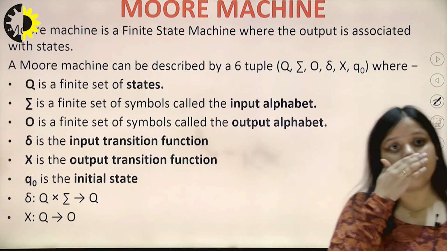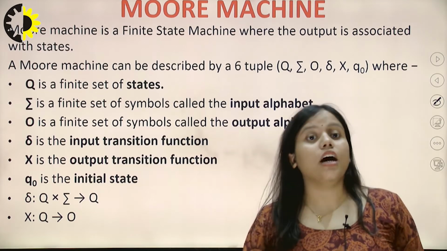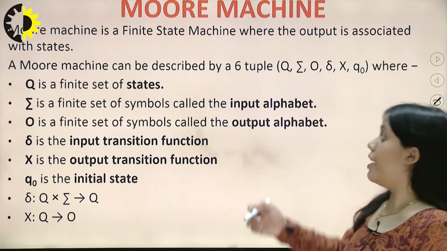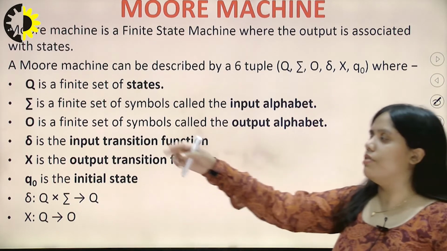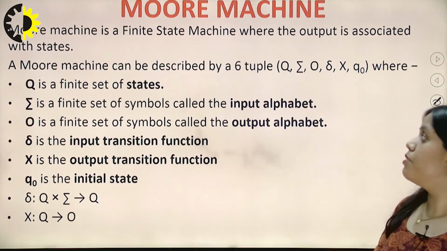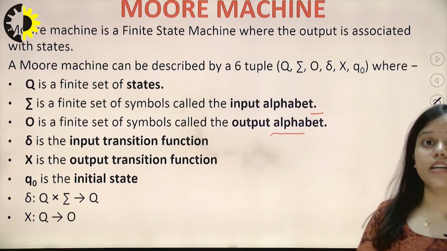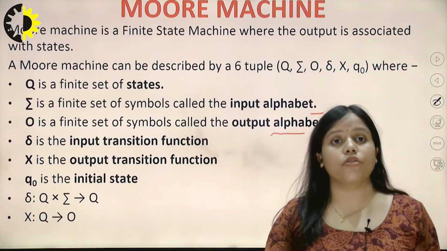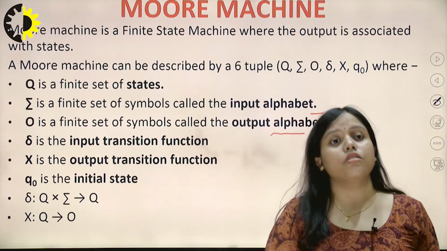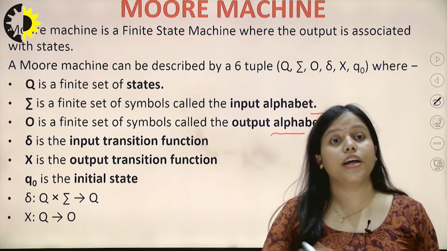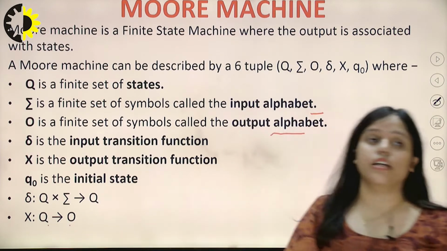So the Mealy machine is a finite state machine where the output is associated with states. Q is a finite set of states, sigma is a finite set of symbols called the input alphabet. Then O is the output alphabet, since every state is associated with an output. Then there is the transition function, and X is the output function, that means what state is returning what output.